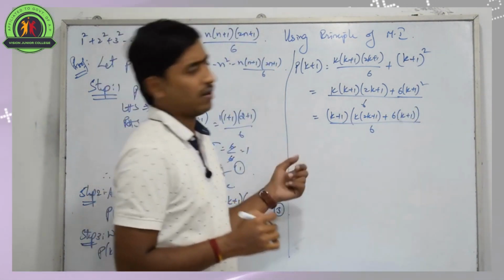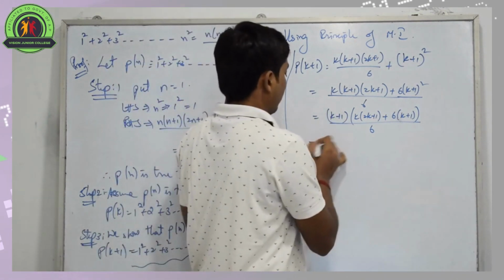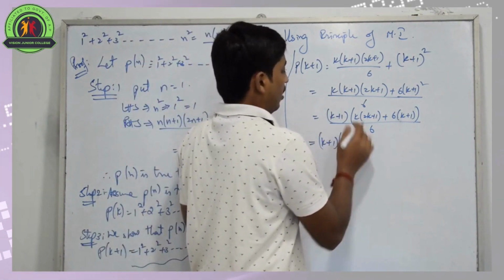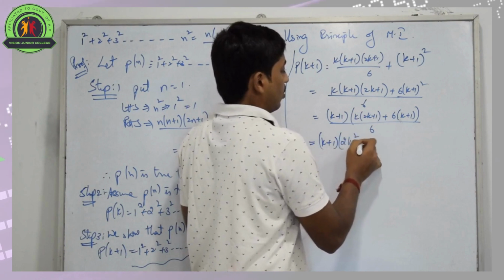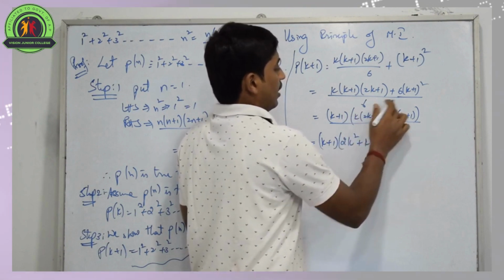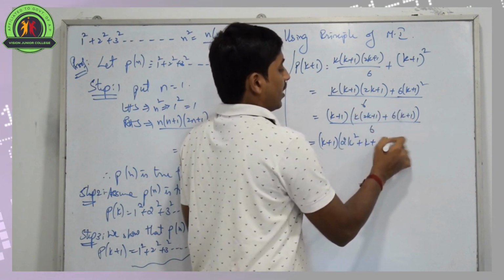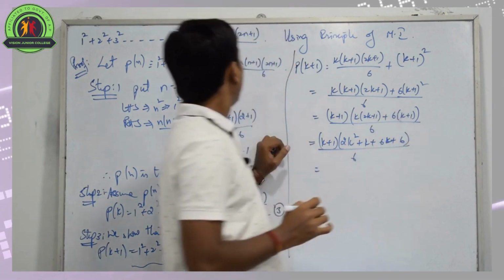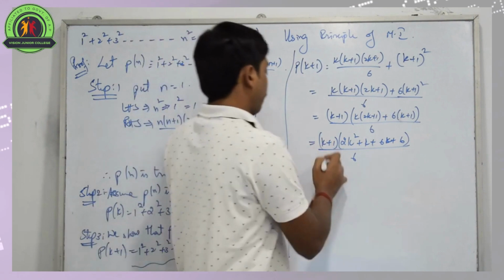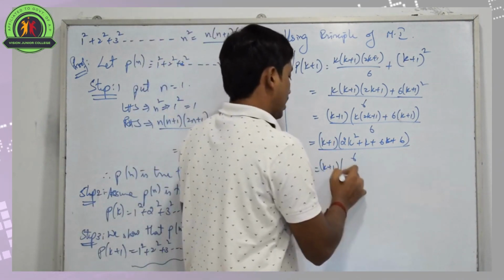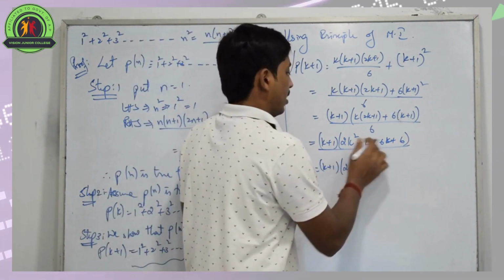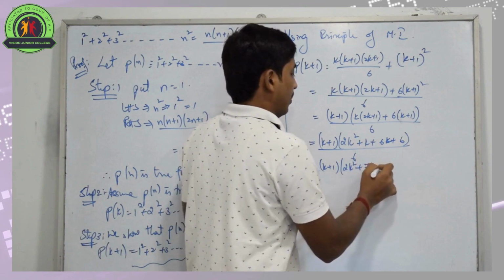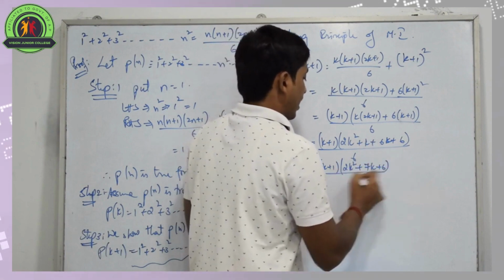Let us simplify and solve, and we'll check whether we are getting the required condition or not. k into k is 2k square, k into 1 is k, plus 6 into k is 6k, plus 6 into 1 is 6. Is it right? Yes or no? Fine. k plus 1 into 2k square plus 6k plus 1k is 7k plus 6 divided by 6.